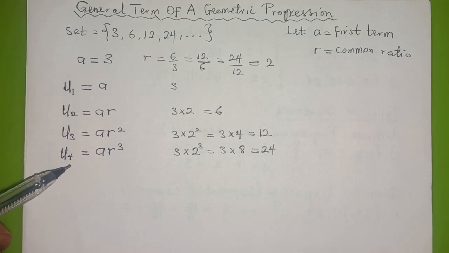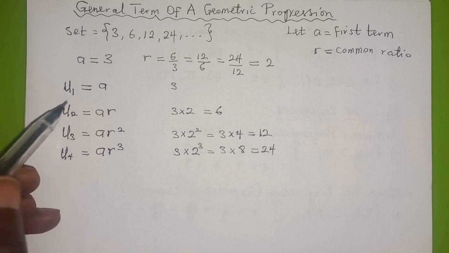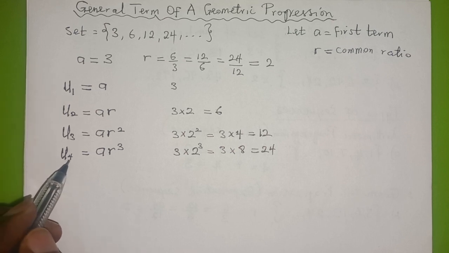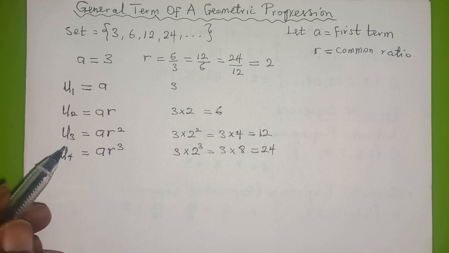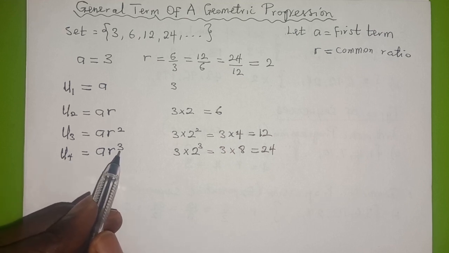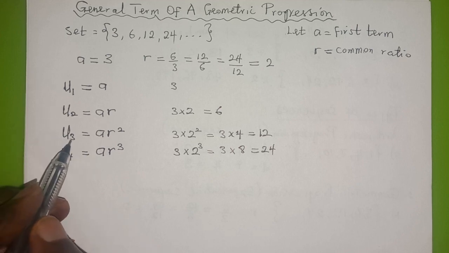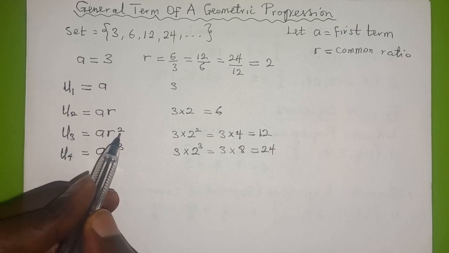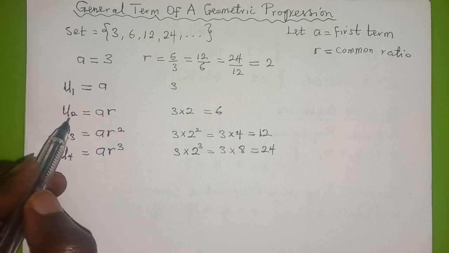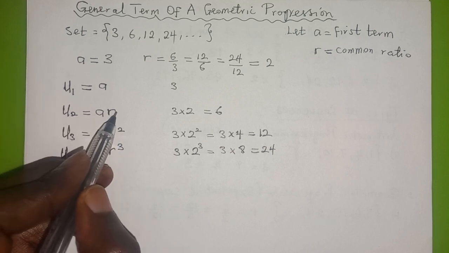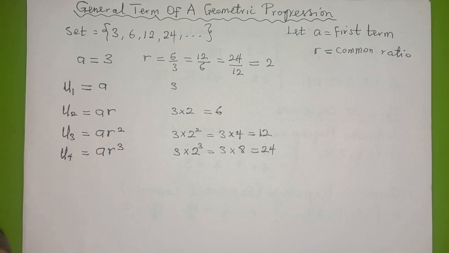If you observe these formulas carefully, you realize that for the fourth term, the power of r is reduced by 1. This is the third term, and the power has reduced by 1, which became 2. Then this has also reduced by 1, in that order. So for our general formula for geometric progression, if we want to find, let's say, the 20th term or the 40th term, depending on what we want to find, we can use n to represent that.